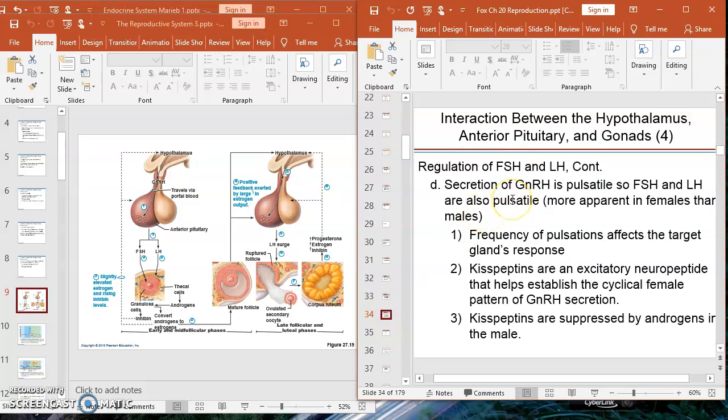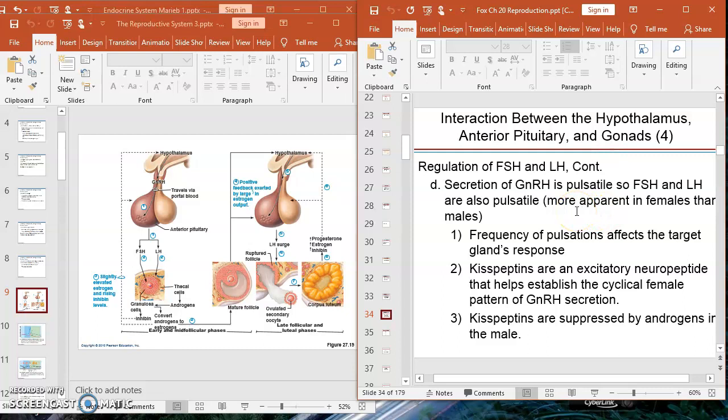The secretion of gonadotropin releasing hormone is pulsatile. There are many reasons for the pulsatile pattern. One is to not cause desensitization of the organs that utilize the gonadotropin releasing hormone, which are the ovaries and the testes.